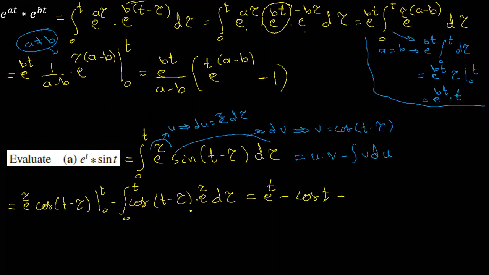How to integrate this function? By parts again. Let me go to the blue. This is my u, the same, and this is my dv. So my v now, it's negative sine of t minus tau. So I'm going to write here the integral.